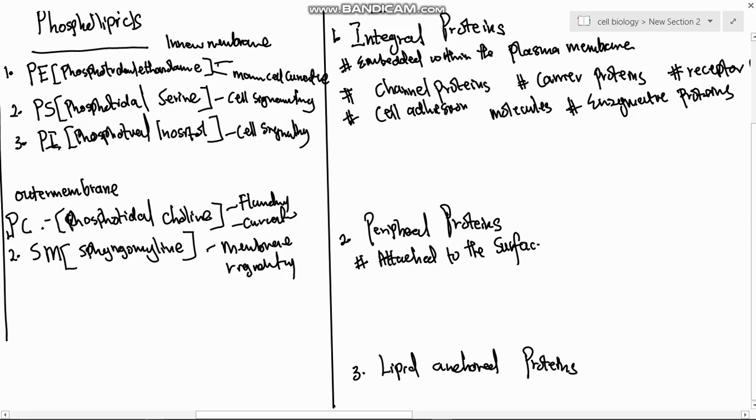And then examples, we can talk about the cytoskeletal proteins. So these proteins, we have examples to be the spectrin, we have the actin, then we have the ankyrin.